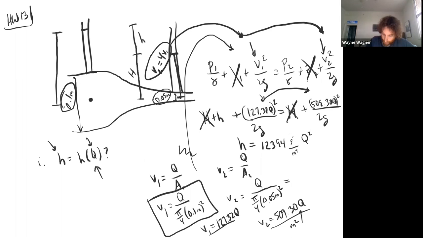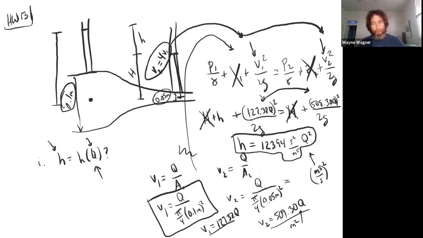So this is seconds squared, and that's meters to the 5th. Okay, and that makes sense because if I plug into Q meters cubed per second, and I square that, then I get meters to the 6th per second squared, and it all cancels out except for that 1 meters. So this is our answer.